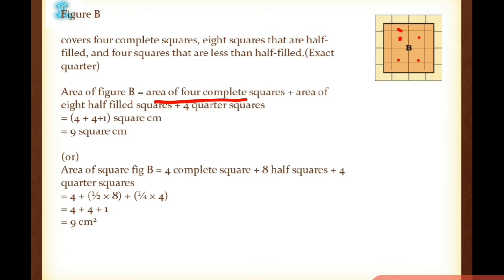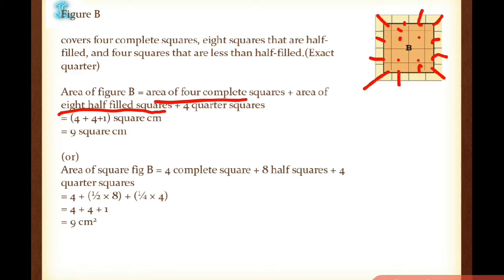Now, next, coming to this. This is exactly half filled. 1, 2, 3, 4, 5, 6, 7, 8. So, 8 are there. So, area of 8 half filled squares. Now, next, you can see these corner parts. These corner parts are exactly quarter.